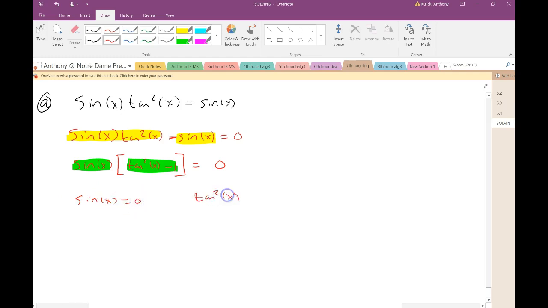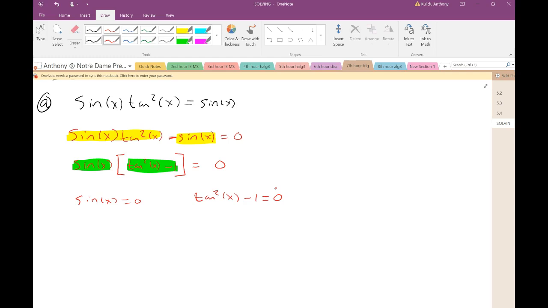And then tan squared x minus 1 equals 0. Nope, we did not cross anything out. What we did is we applied the zero product property and took each piece, or each factor, and set it equal to 0. And now we're going to take this complicated problem and break it up into two less complicated problems. Everybody's okay with that?